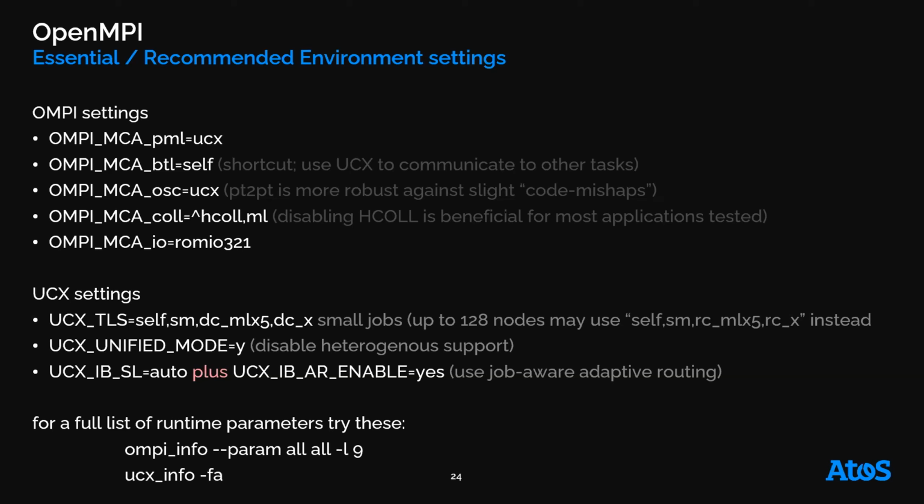The first one sets the kinds of transports you allow UCX to use. So in this case, loopback, so communication to itself via shared memory transports. And in this case, where, what was the DC abbreviation again?